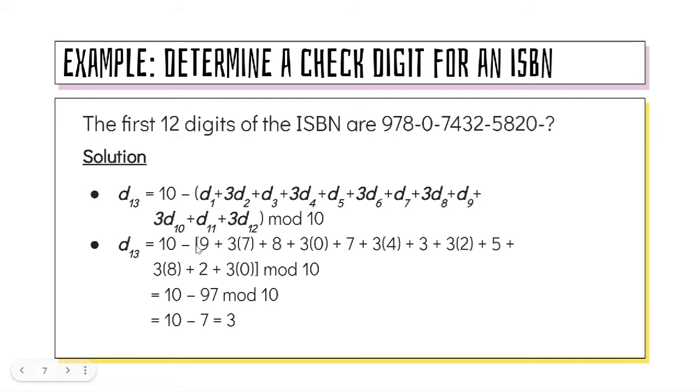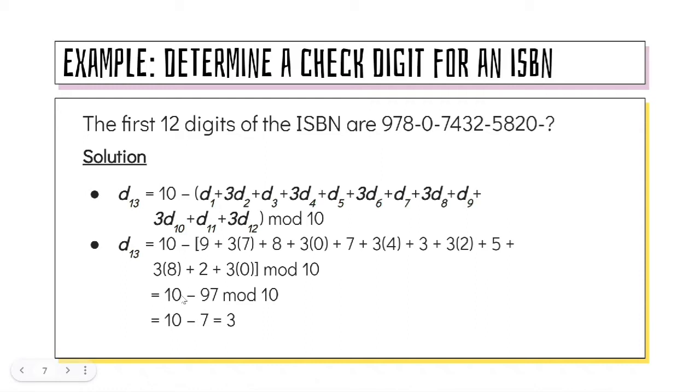If we solve this, adding it all, it comes up to 97. So use your calculators, class. 9 plus 3 times 7 is 21. 9 plus 21 plus 8 plus 0 plus 7 plus 12 plus 3 plus 6 plus 5 plus 24 plus 2 plus 0. So it is all 97.